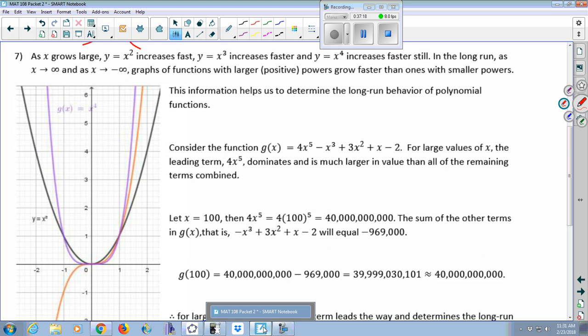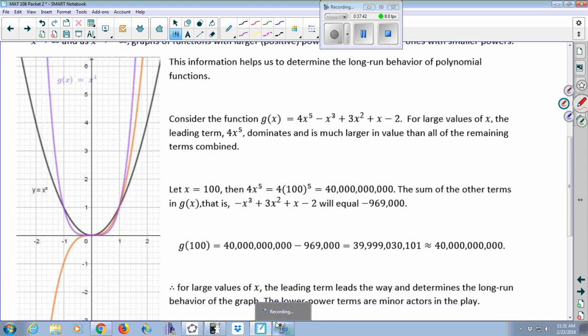All the rest of them would only equal negative 969,000. Hey, when you have 40 billion, you don't even care about someone taking away 969,000 from you, right? And look what the end result is. 39,999,000,000, blah, blah, blah, and some change. So it's very close to 40 billion.